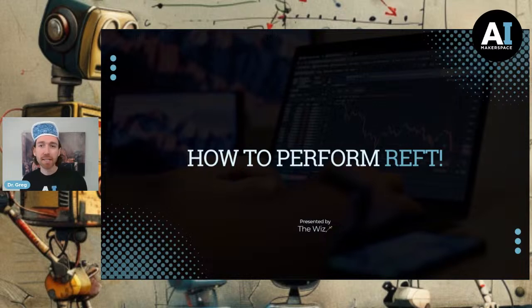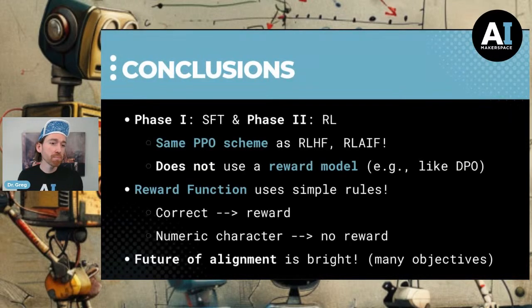And, at the end of the day, we learned that phase 1 and phase 2, this SFT-RL thing, this is the sort of pattern that we can match across the RLHF, the RLAIF, the ReFT, and it's the exact same PPO scheme. We're also taking this idea from the DPO scheme of not leveraging a reward model, but instead leveraging a simple function. And we're using that in the ReFT process.